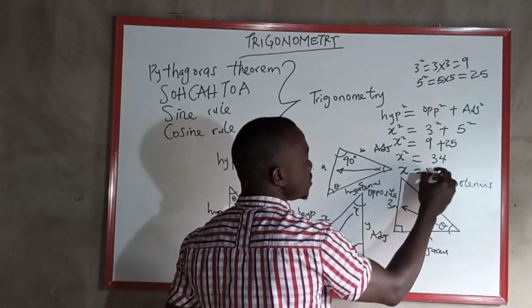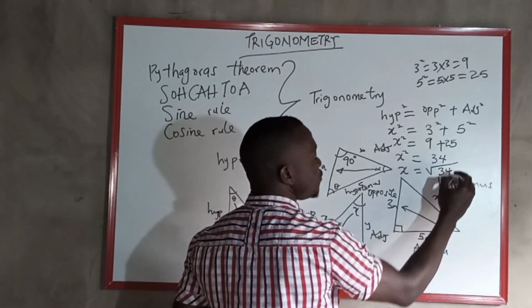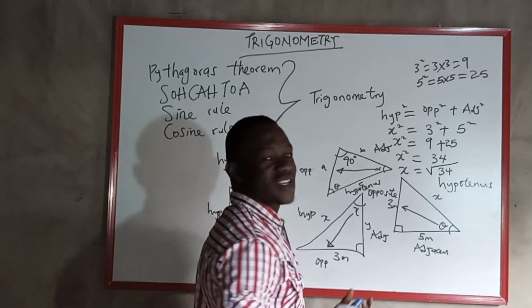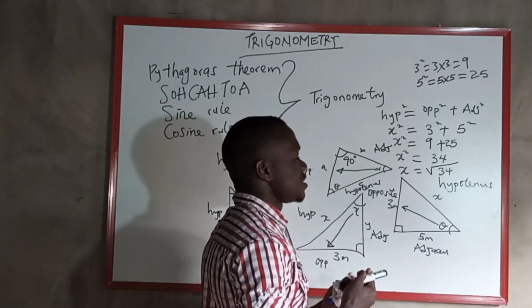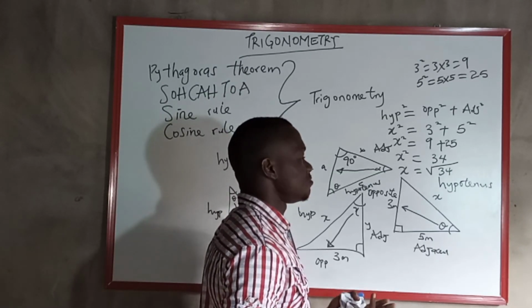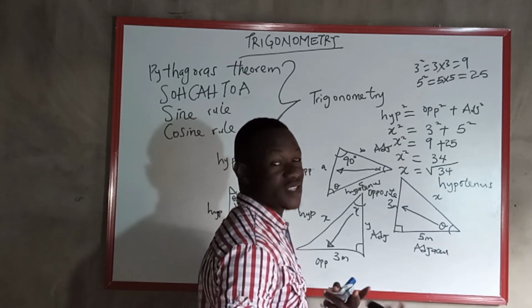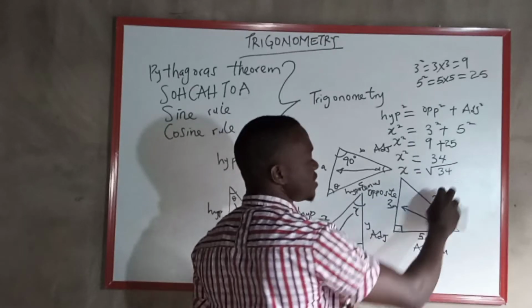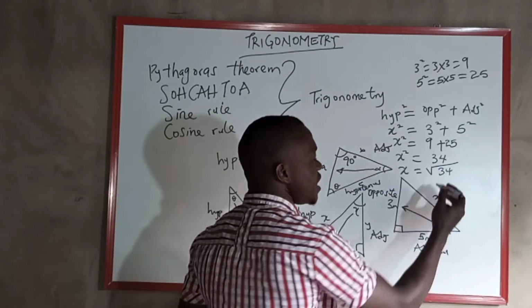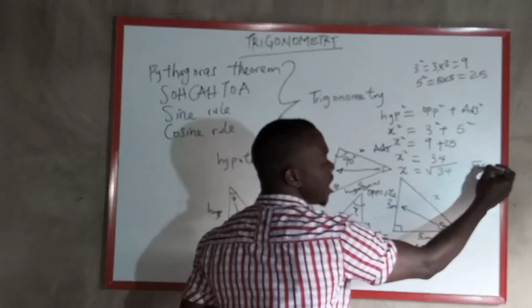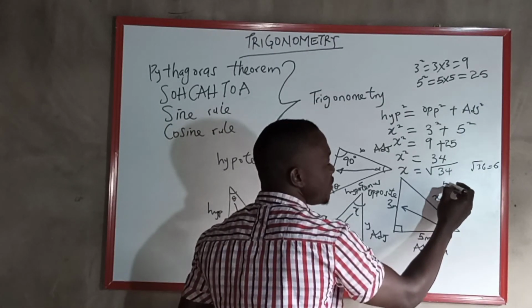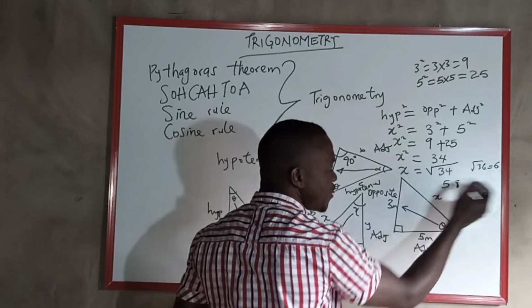So x will now be the square root of 34. What's the square root of 34? Which square is closer to 34? 36, I think. That's 6 squared. Since 36 is 6 squared, and 34 is close to 36, we'll be having something like 5.8 or 5.9.